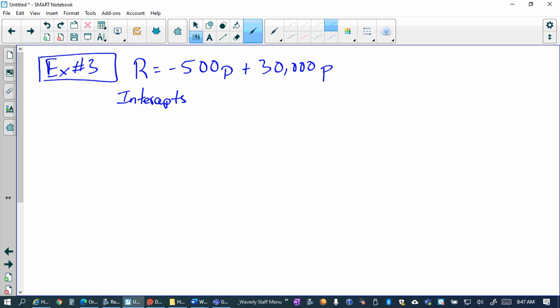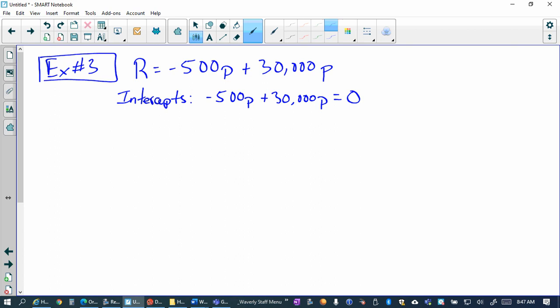So let's take this and set it equal to 0 and see where it hits the x, or the p-axis in this case, right?